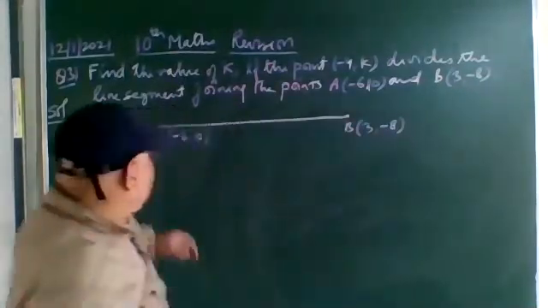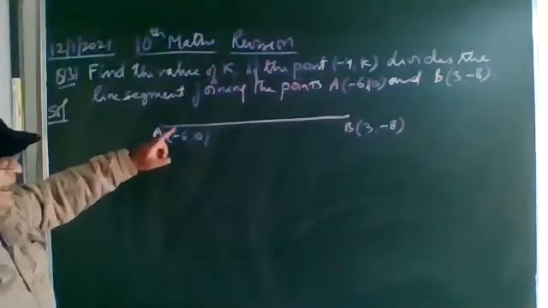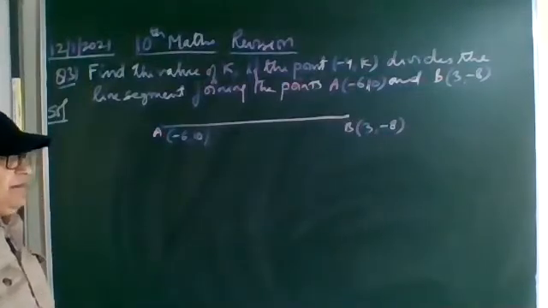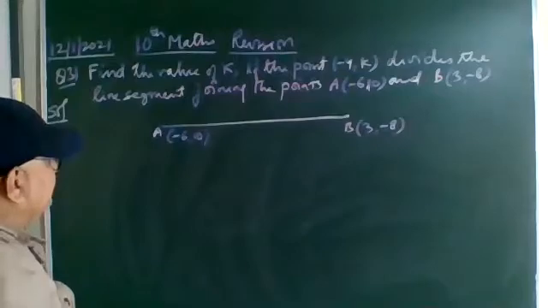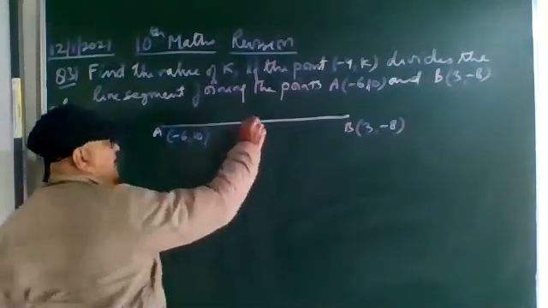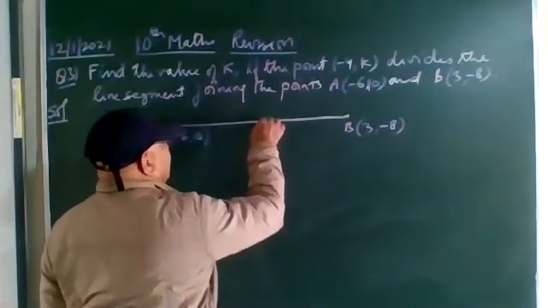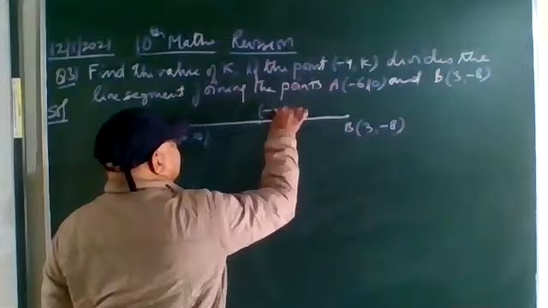Some students put arrows here on A and B. You cannot put arrows on a line segment. Now this line segment is divided by the point (-4, k).